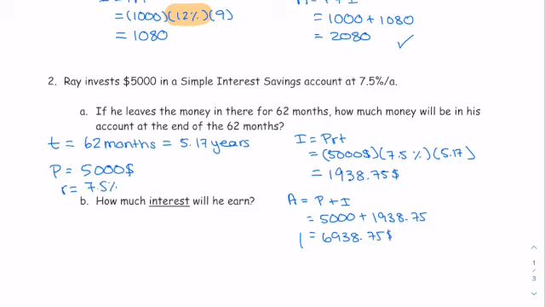So this is how much he has at the end of the 62 months, and then how much interest is earned. That is the first part of your calculation, where I is equal to $1,938.75.